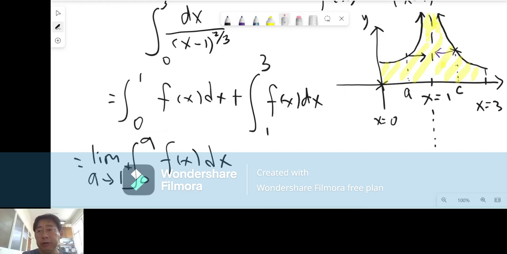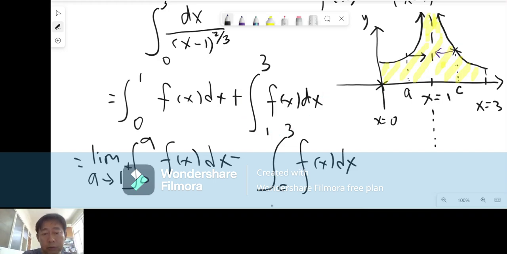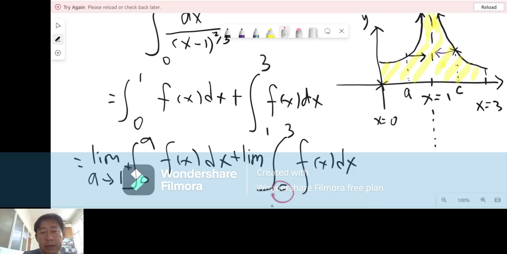For the integration involving the right hand side of the area, the limit of 1 is replaced by the value of c which is larger than 1 but never be 1. We represent this with the integration from c to 3, and then this integration is to be taken as the proper integration with a lower limit c, and c is tending towards 1 from the right.